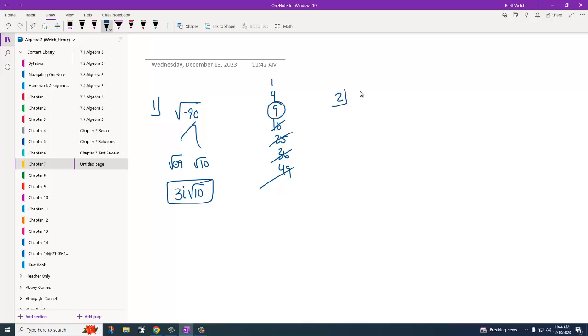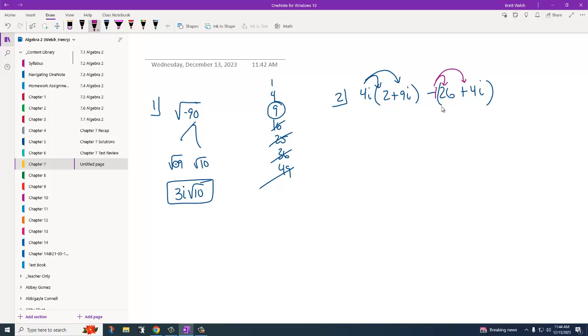Number 2, we're going to continue to work with imaginary numbers. 4i times (2 plus 9i) minus (26 plus 4i). So we have a little bit of distribution to do here. This 4i needs to multiply through our first parentheses, and this negative is really like a negative 1. So we're distributing a negative 1 through.